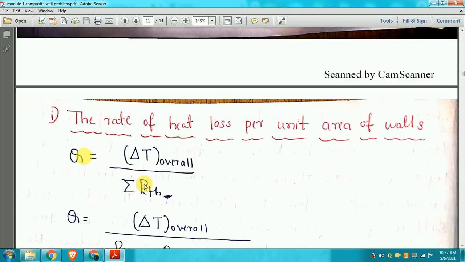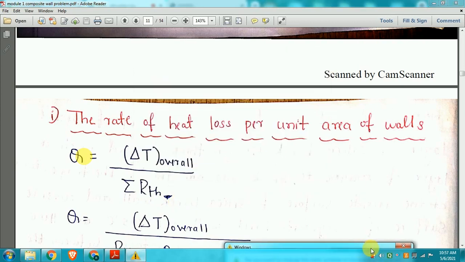The rate of heat loss per unit area of the wall means we are finding out the Q value. Q value we can find out individually or overall. If I want to consider overall, what should be the equation? Q is equal to delta T overall by R_TH overall.